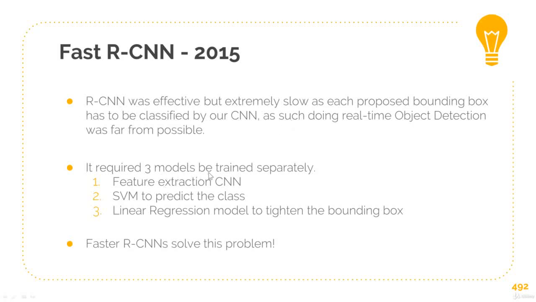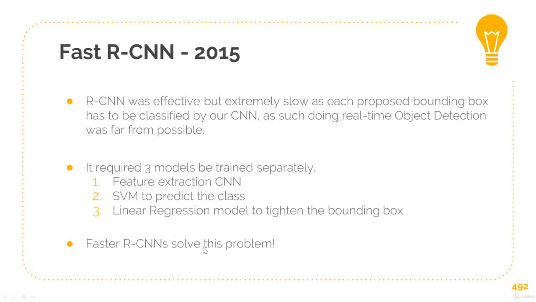It required 3 models, trained separately. We had a feature extraction CNN, an SVM to predict the class, and a linear regression model to tighten the bounding boxes. You remember all these things we discussed earlier. So this definitely is a lot of moving parts in RCNNs.